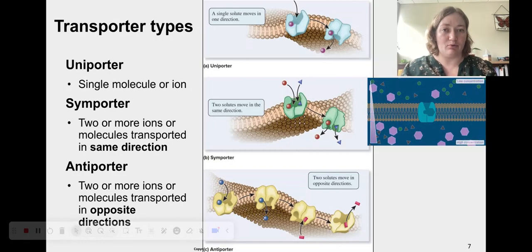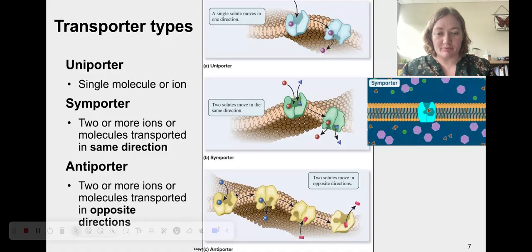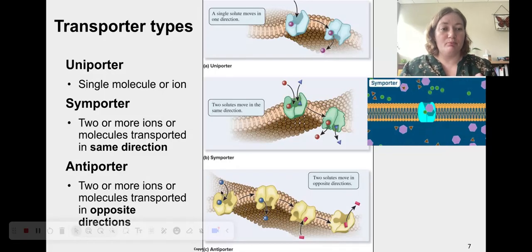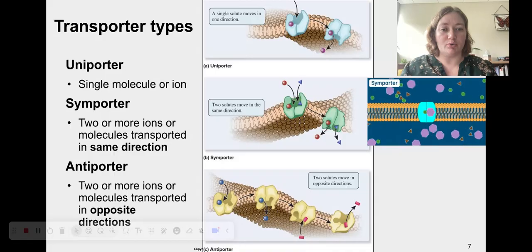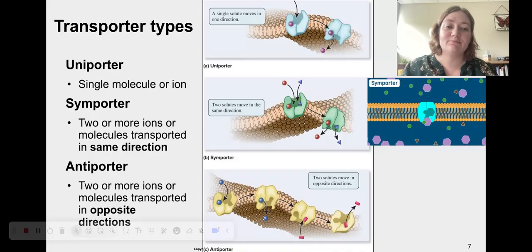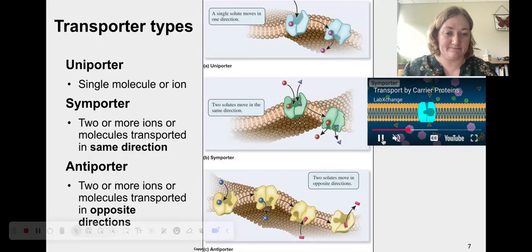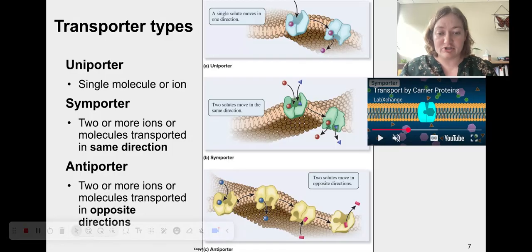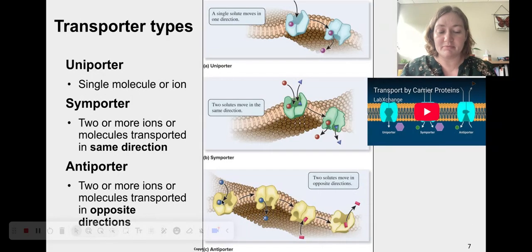We also have an antiporter. So an antiporter is where we're moving two or more ions or molecules, right? But they're being transported in opposite directions. So if we look at this image down here, right, we have this blue molecule coming in to the hydrophilic pocket of the membrane. Oh, pressed a button there, right? This protein, once it's bound to its first molecule, will change shape, and that blue molecule will cross the membrane, right?